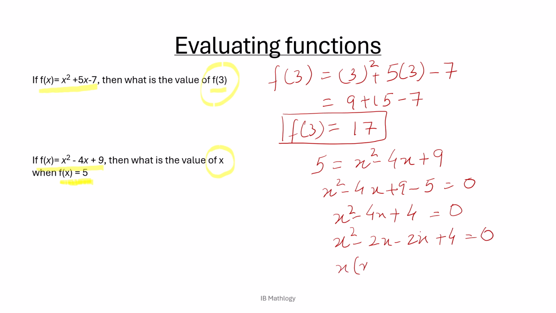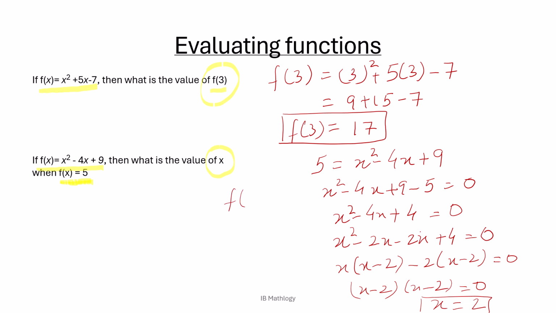If I take x common, it will be like this. Now I can take my x minus 2 as common. So I am getting this. It means my x value is 2. So for x is equal to 2, my function value will be 5. So I can write that f(2) is equal to 5.